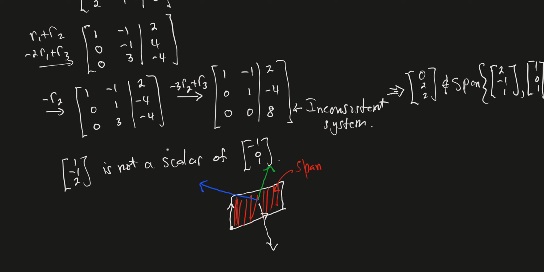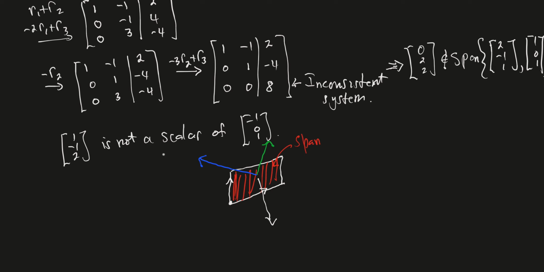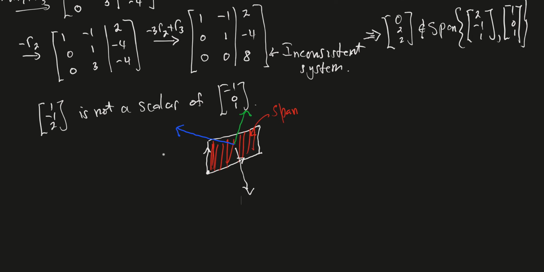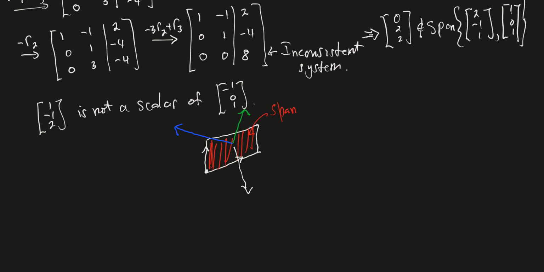Well, what if we had a different vector? So let's ask, here's a part B to this question. And just as a reminder, these are the two vectors that we're trying to span.